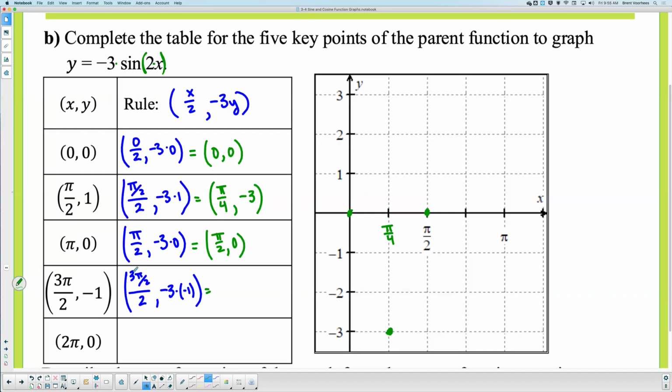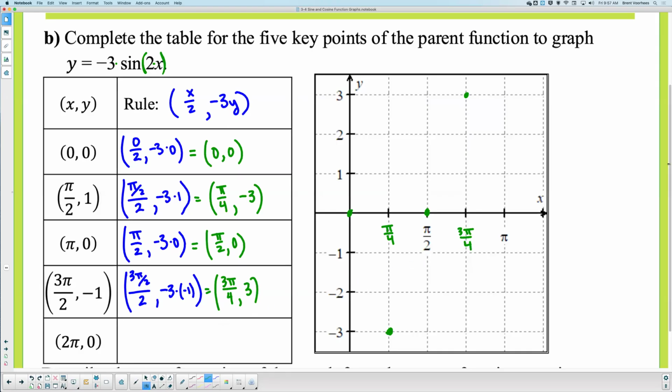That means 3 pi over 2 gets divided by 2, then divided by 2 again. 3 pi over 2 is getting divided by how much? If it gets divided by 2 and then gets divided by 2 again, how much do you get divided by? 4. Very good. And what's negative 3 times a negative 1? Positive 3. So 3 pi over 4 is right here. This is 3 pi over 4. We need to be at positive 3. Put that point there. We've made our way all the way around.